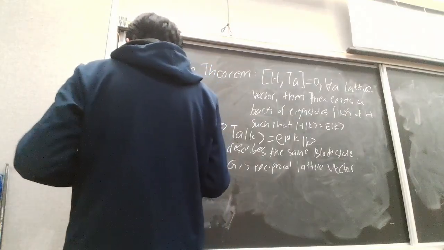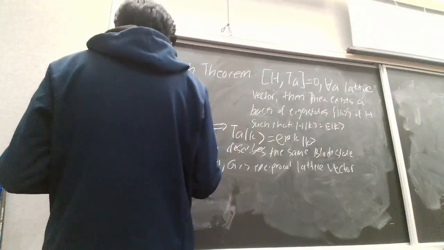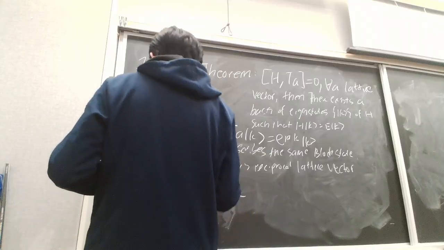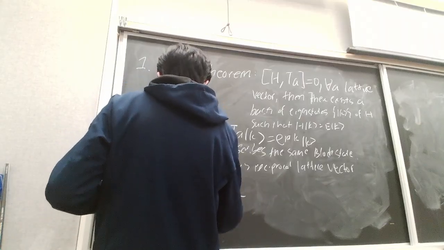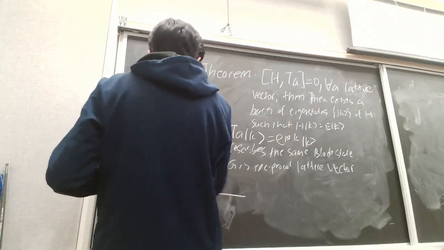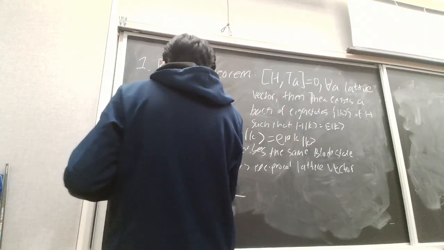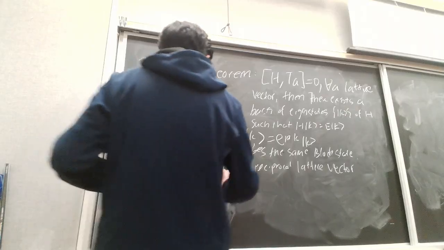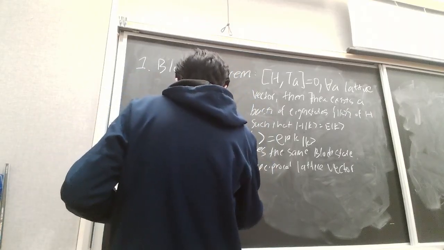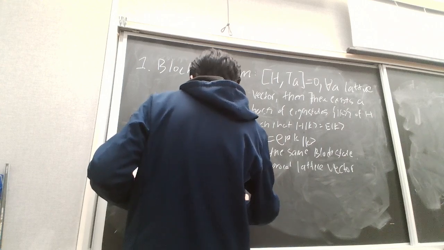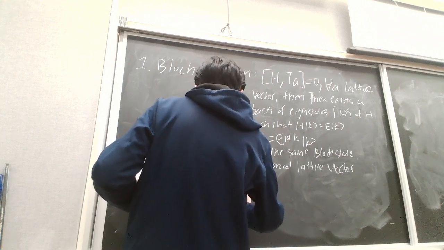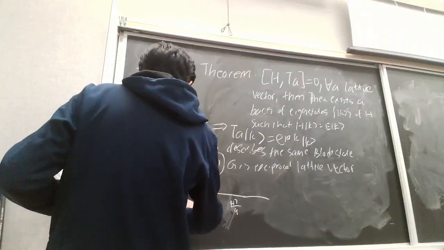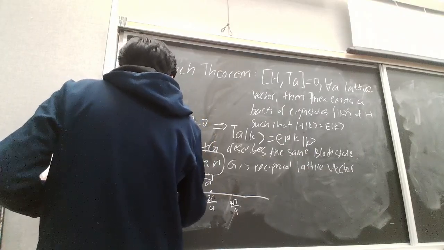So in the 1D reciprocal lattice, say here is k equals 0, and because of this property, G equals 2 pi n over A. When A equals 1, we can say that this is 2 pi over A, and this is 4 pi over A. And then this is negative 2 pi over A, and this is negative 4 pi over A.